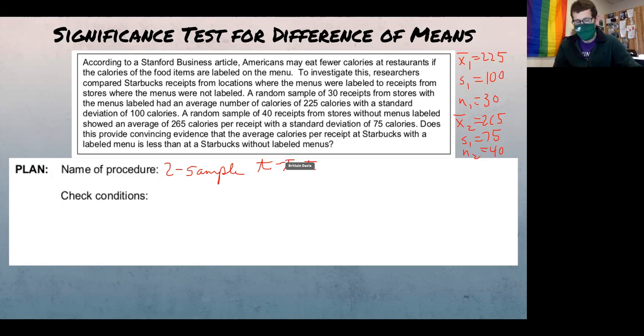And this would probably be sufficient to show what it is. If you want to give a little bit more detail, something that would certainly be good, two sample t-test for mu sub 1 minus mu sub 2, which is a way of saying a difference of means. All right, so that's just a little extra there.